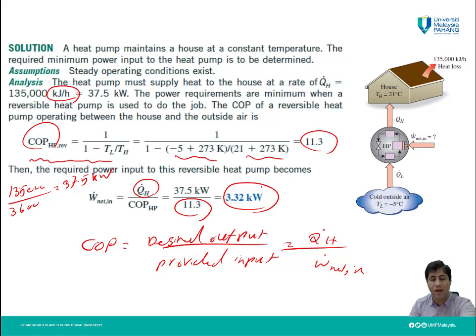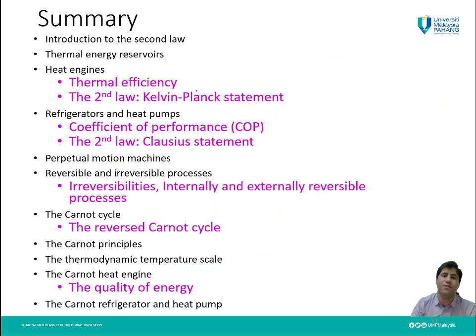With this example, we reach the end of this chapter, which was about the second law. I started to talk about the second law. Then I introduced some basic definitions about thermal energy reservoirs. I introduced heat engine and thermal efficiency. We had different statements for the second law.